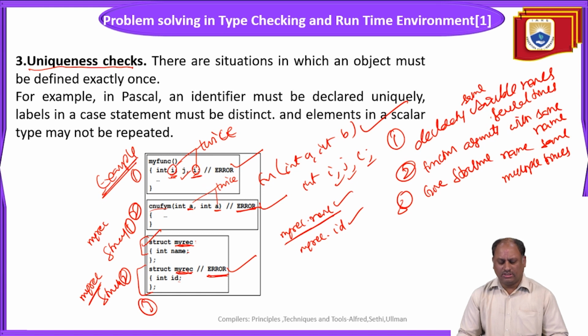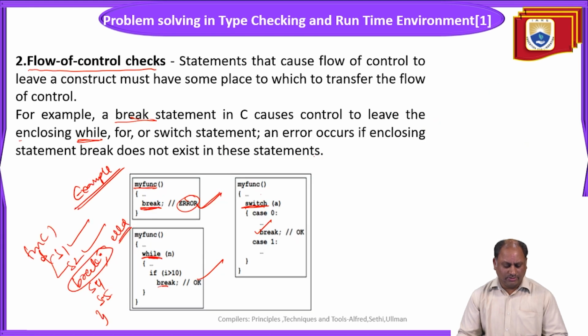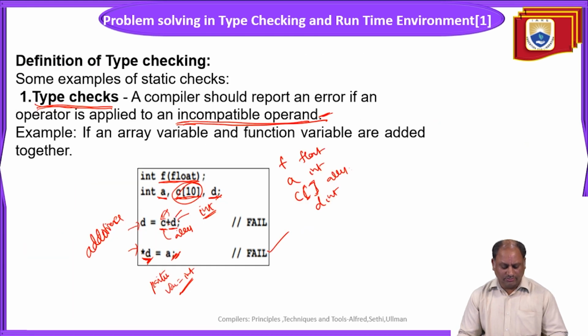Suppose that is written; even at the compilation point, it will be checked for uniqueness. The previous one is type checking with incompatible operands. Suppose instead of integer, we have declared a float value and performed the operation with another operand such as float or pointer type. Then any assignment takes place with integer to pointer.